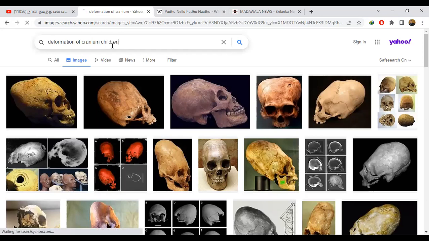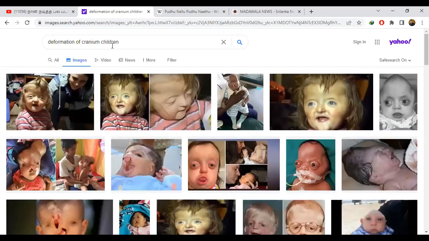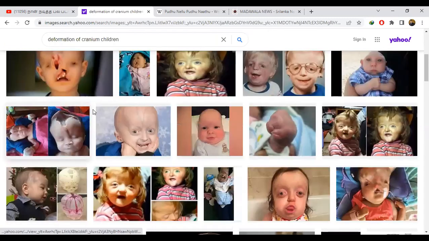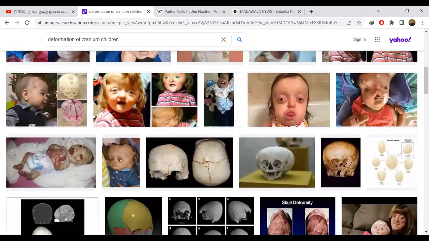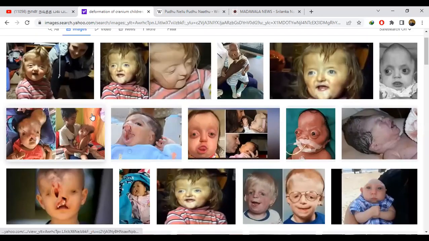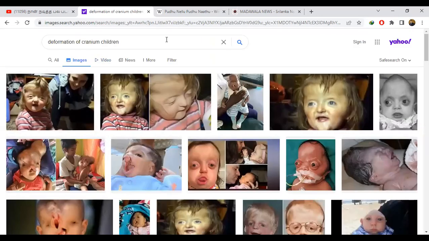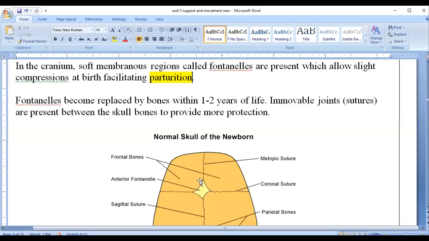I have seen such experiences in children. Some places will be larger, the head will not be regular in shape. So until they become harder, we should be careful. Are you clear?